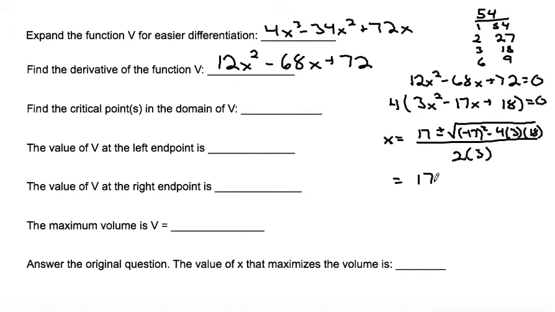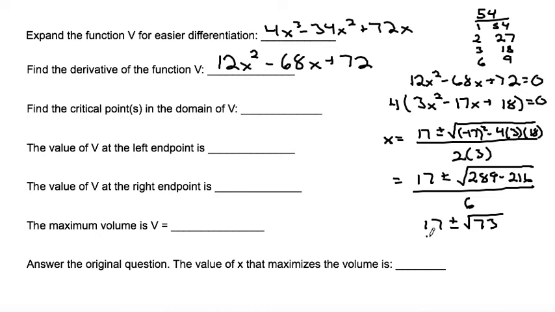Simplifying, we get 17 plus or minus the square root of 289 minus 216, all over 6. 289 minus 216 is 73, so this is 17 plus or minus the square root of 73 over 6. No wonder we couldn't factor that one, because 73 is not a perfect square.